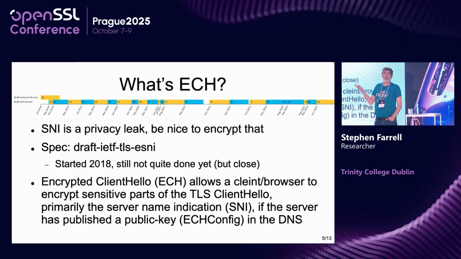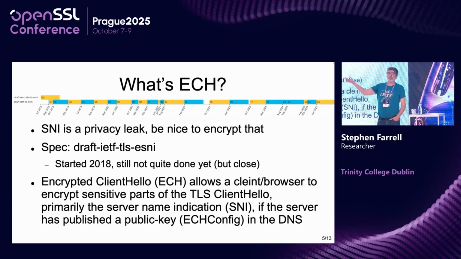Now, the hard part about this encryption is you want to encrypt something in the first message, so you need something to do before you've spoken to the server. The basic mechanism is that the client doing TLS 1.3 somehow, probably from the DNS, gets a public key to use to do this encryption. That public key is called an ECH config.